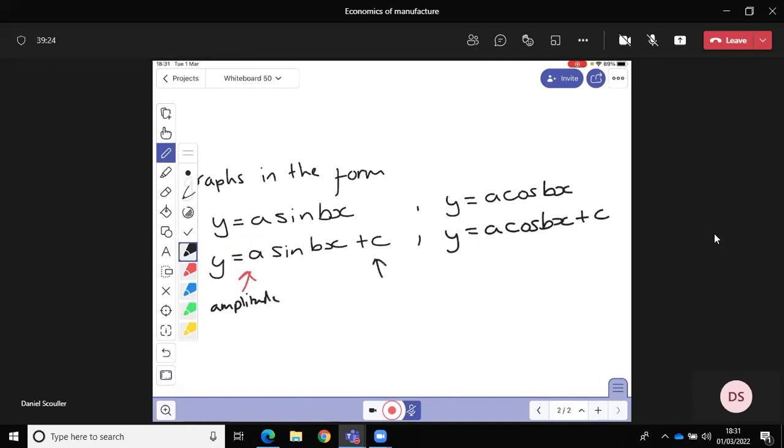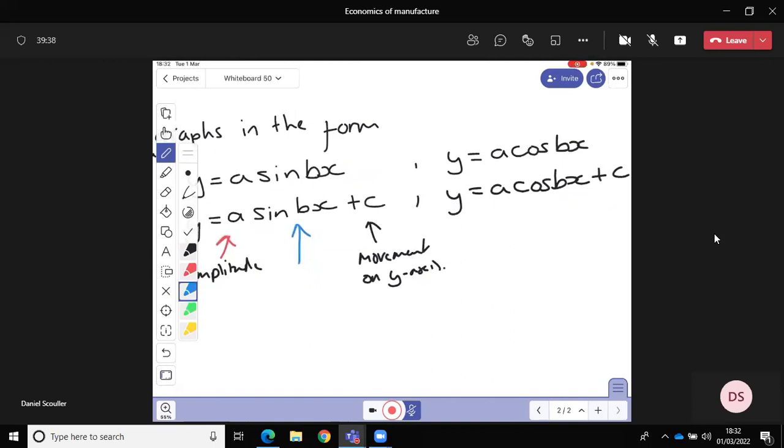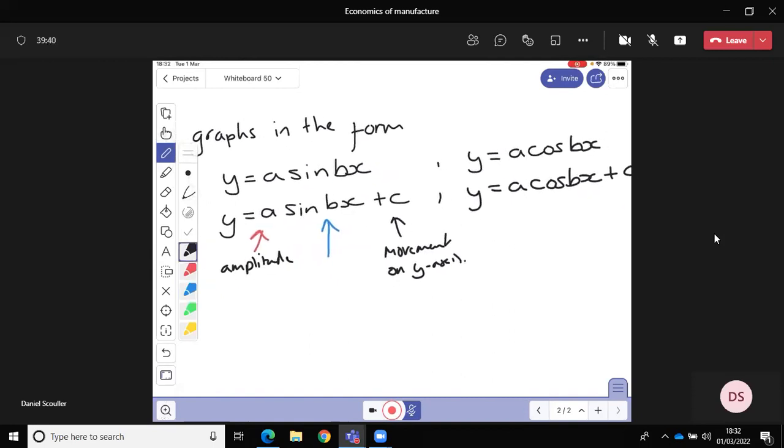That plus a number is still going to be movement on the y-axis. The new number that we've put on it, that b, that's going to be how many waves in 360 degrees.